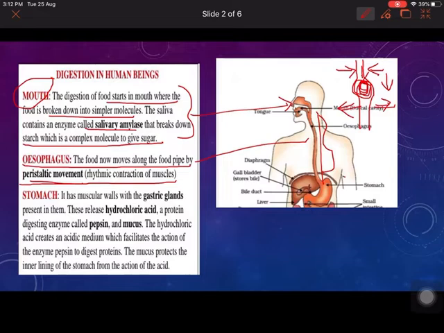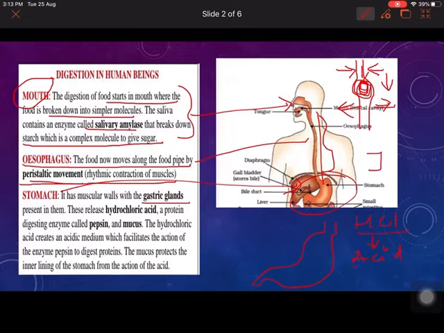Next we come to the stomach. The stomach is a J-shaped organ. You can see from the picture what is happening in the stomach. First, HCl is released by the gastric glands present in our stomach to make the environment acidic, which is essential for two reasons.